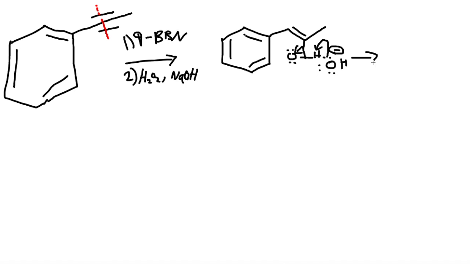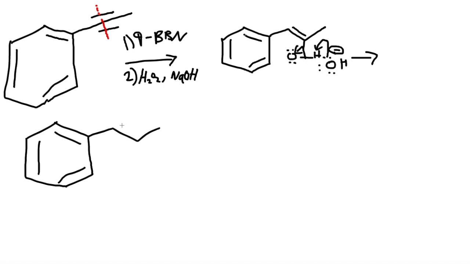From this, we would have a structure that would look like this, which still has a double bond. Now this oxygen has 3 lone pairs with a negative charge.